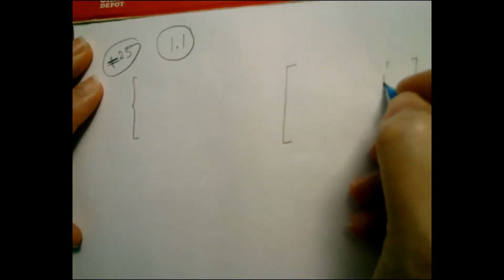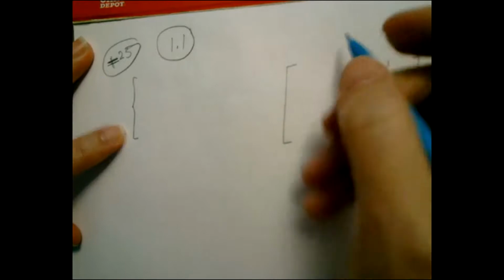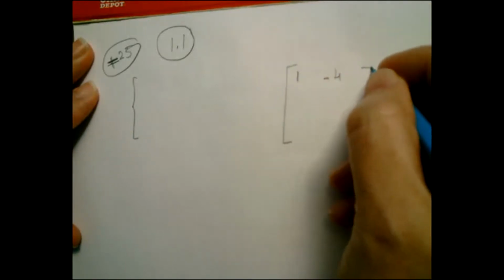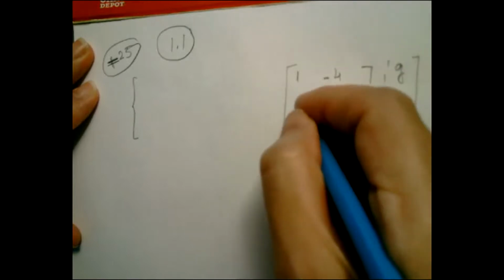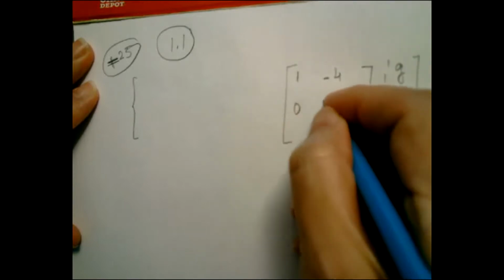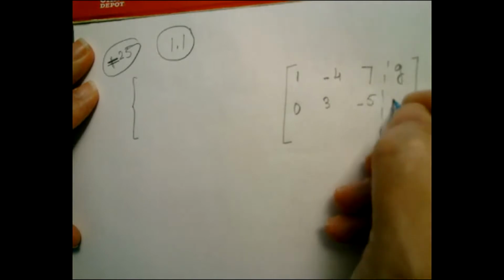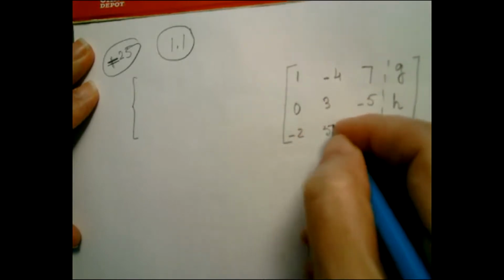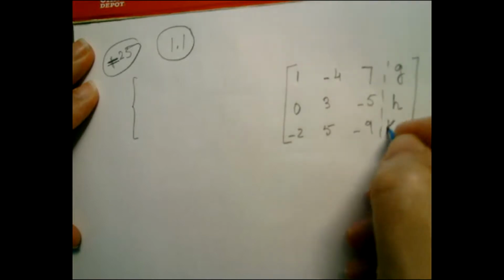So instead of giving us the system, as you realize, they just give us the augmented matrix: 1, -4, 7, G; 0, 3, -5, H; -2, 5, -9, K.